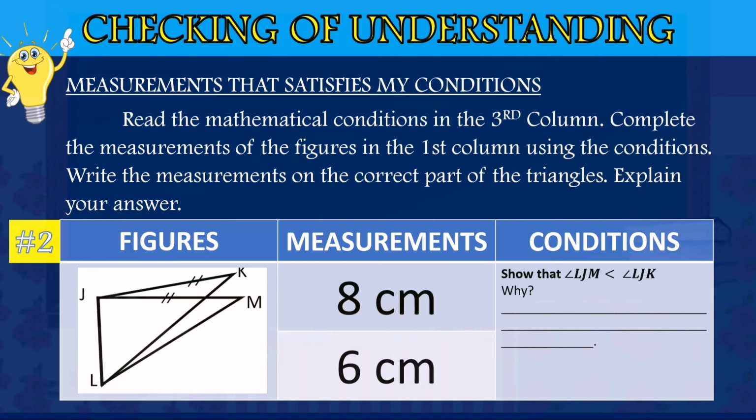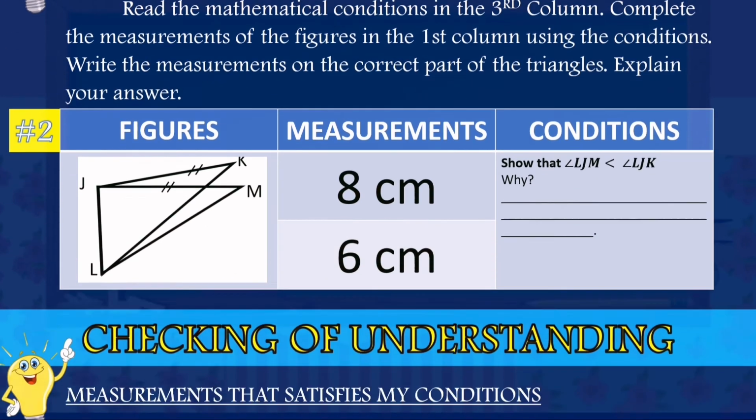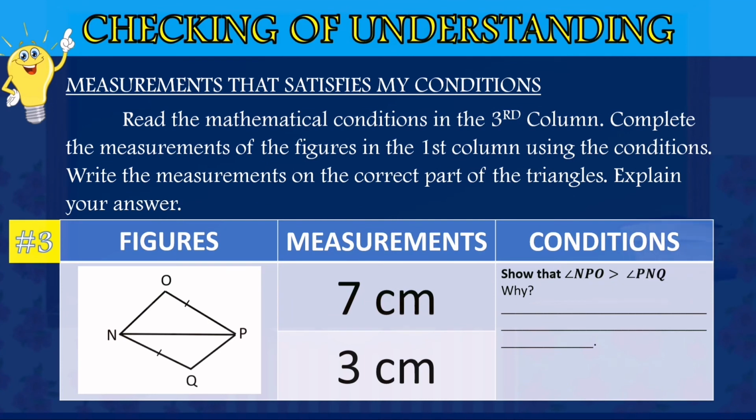Why? So you have the measurements 8 centimeters and 6 centimeters. So much better if you have the figure, then you simply put the measurements. Then write your reason. Number 3. We have show that angle NPO is greater than angle PNQ. The measurements given are 7 centimeters and 3 centimeters.